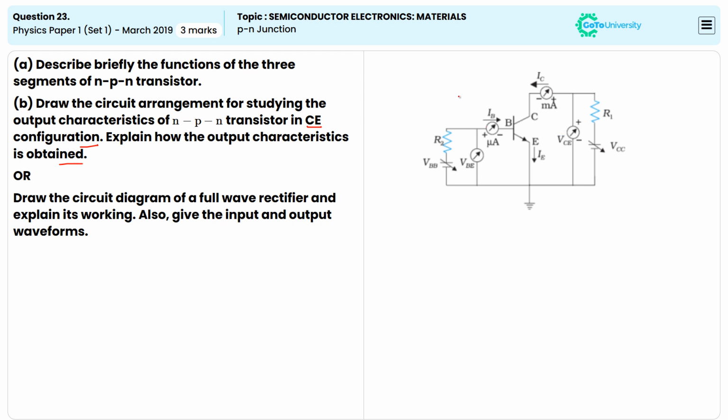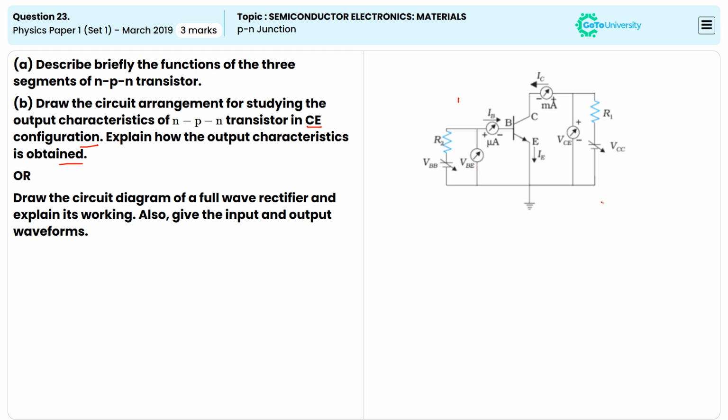For the input, we analyze the IB current and input voltage by keeping VCE at a constant value. If we want to study the output characteristics, then we analyze IC and VCE by keeping IB at a constant value.